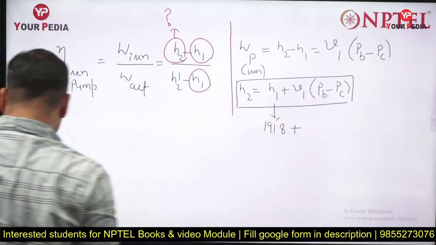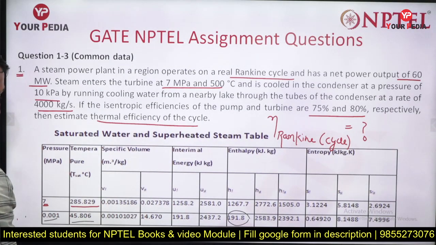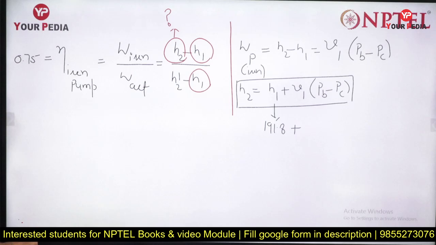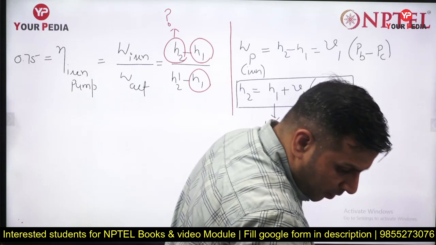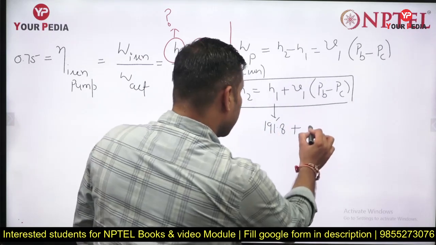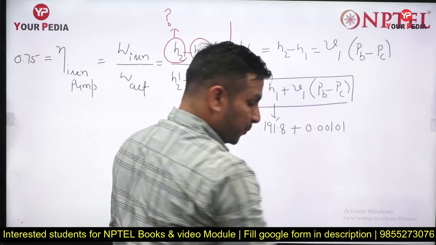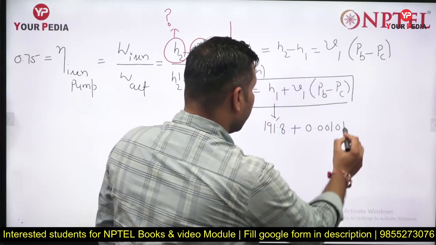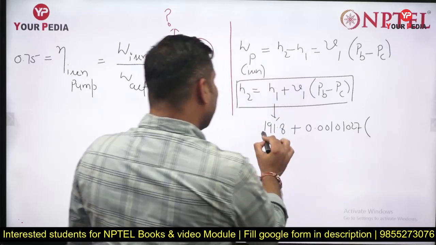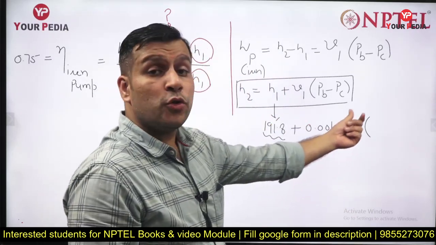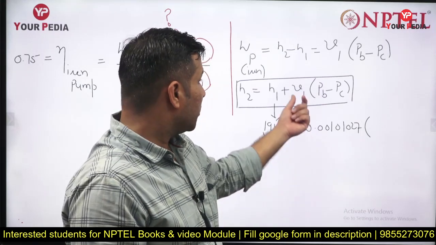It is 191.8 plus V1 into the pressure difference. What is V1, guys? Let me put the data in front of you. V1 is nothing but VF at the condenser pressure, which is 0.00101027 meter cube per kg, the specific volume.